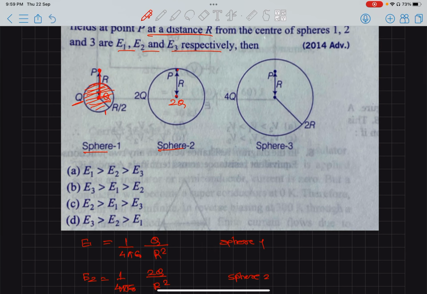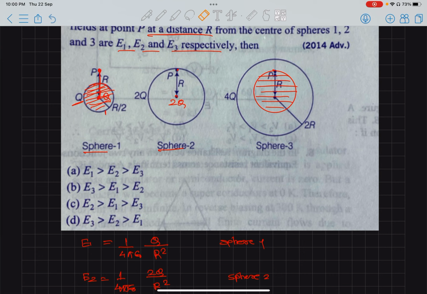Now we have to find E3. E3 is a bit more complicated than the previous two cases because the point P is inside the sphere at a distance r from the center, and the sphere has a radius of 2r. Now we have to remember the field at point P will be only because of the distribution that is shown over here.